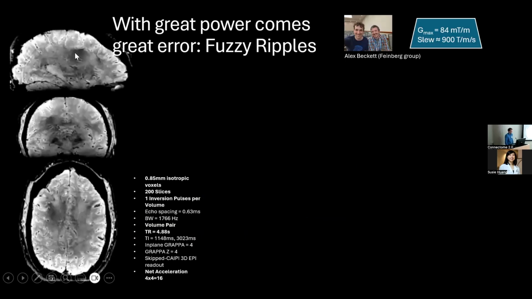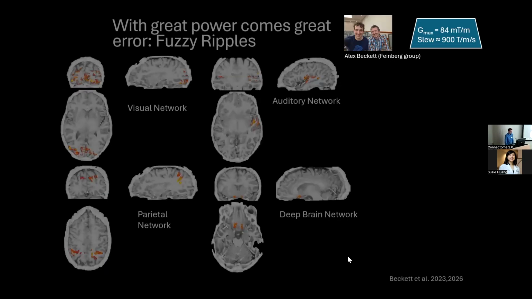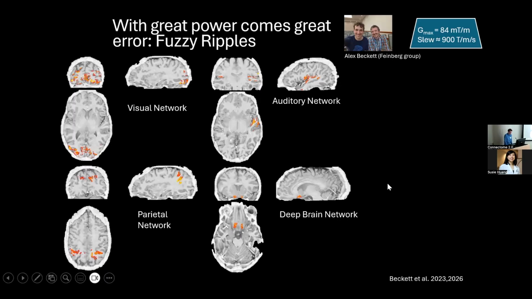And you have these fuzzy ripples, these shading patterns over here that can be taken care of by doing a dual polarity EPI approach that then cleans up those artifacts, and you can get a beautiful whole brain pairs of images within single inversion recovery periods with blood nulling and without blood nulling. And this then allows you to do whole brain layer-dependent fMRI connectivity across the canonical networks, as well as these networks, also including the deeper brain structures with high spatial features down there.